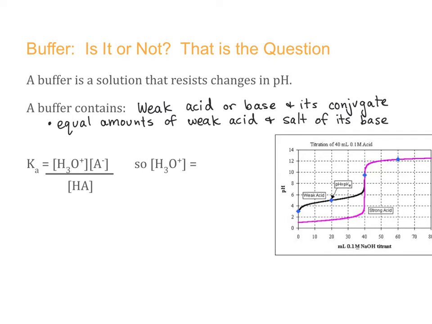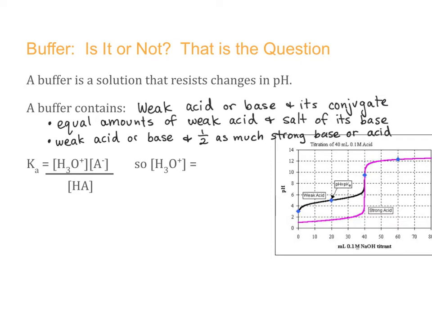Or you can take a weak acid or base and add a strong acid or base, basically getting yourself to the half equivalence point. So you can add a weak acid or base and half as much strong base or acid.